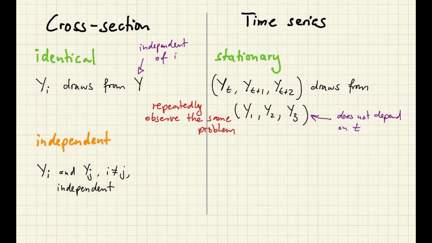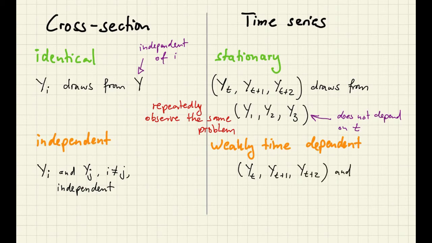For a time series that is weakly time dependent, we can take our segment of 3 consecutive time periods and then we shift this segment by, let's say, s periods, forward or backward.